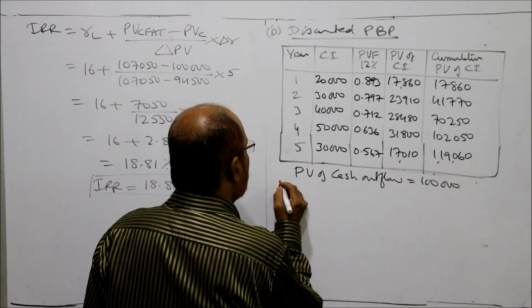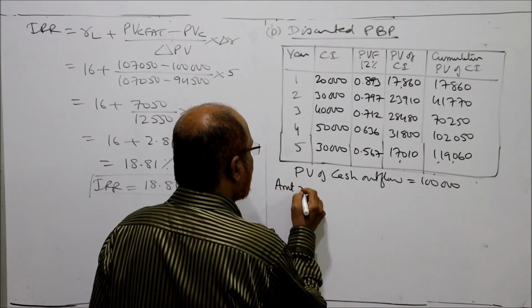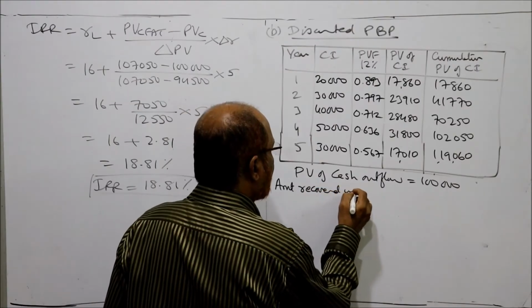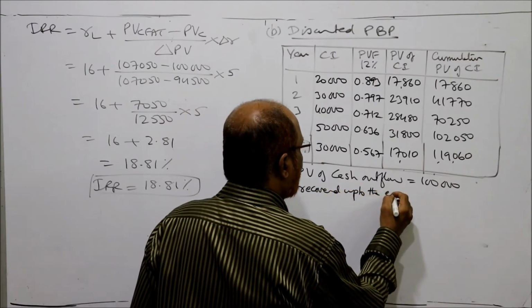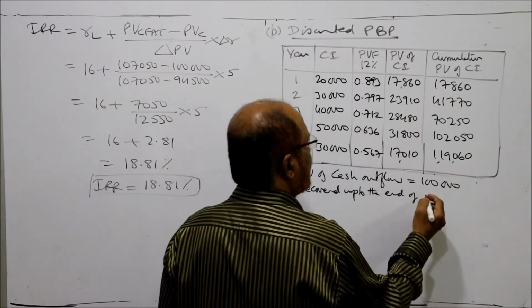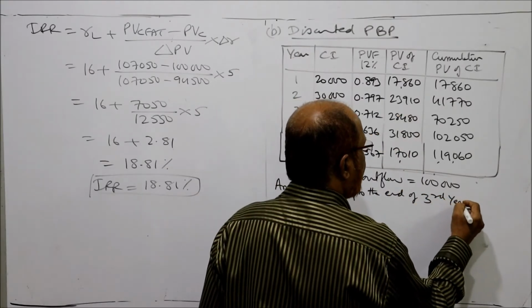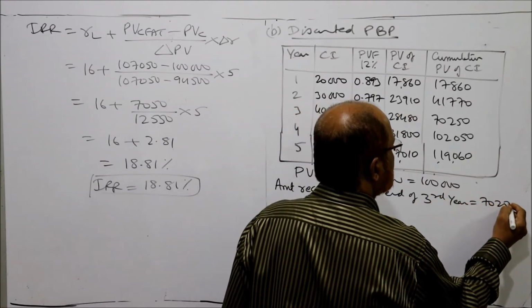So the amount recovered up to the end of the third year is 70,250.